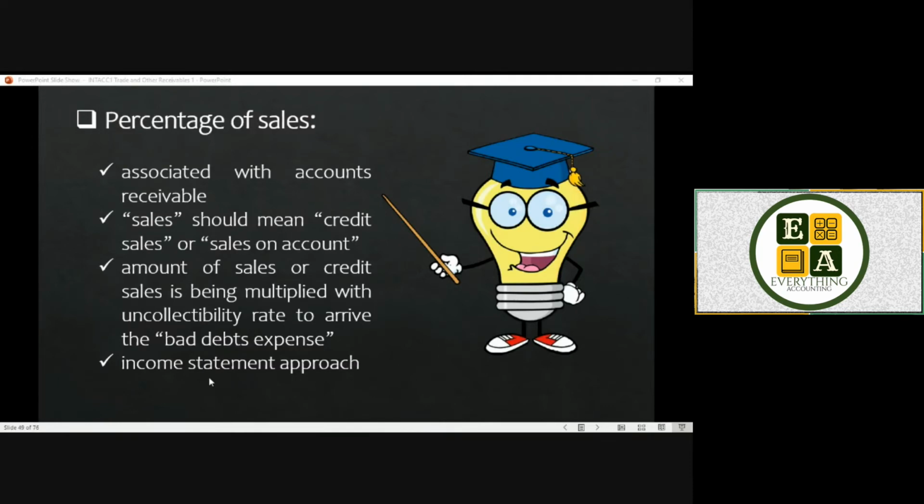Also, another clue, yung na-arrive natin guys na amount is bad debt expense. Kung kanina, allowance for bad debts, dito bad debts expense, which is an income statement account. Kaya nga, income statement approach siya.